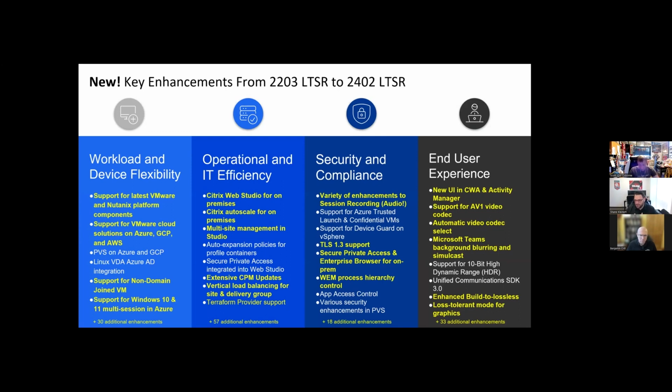Non-domain join support, Windows 11 multi-session in Azure, huge improvements on the HDX side of things. Teams support, with all the enhancements happening there. I highlighted some of the big ones here. Vertical load balancing is now not just site level, but also at the delivery group level, which is really nice.